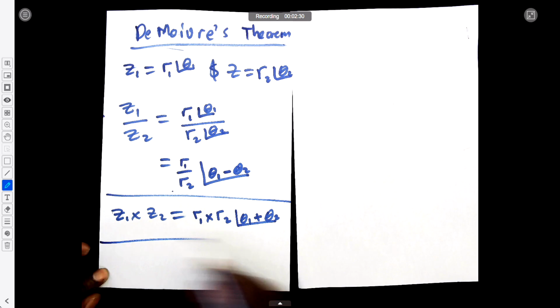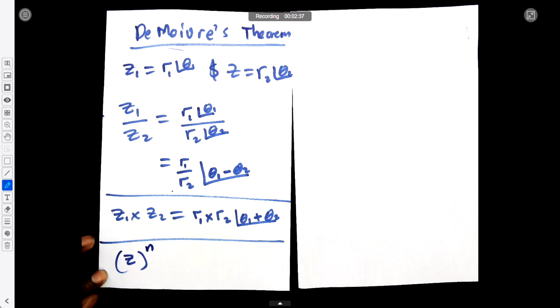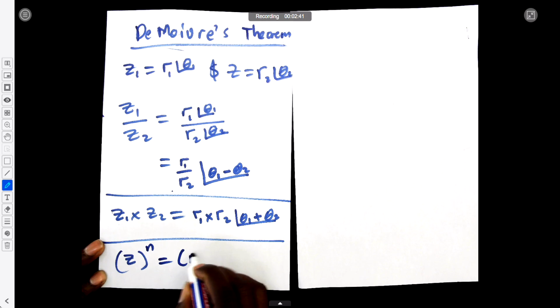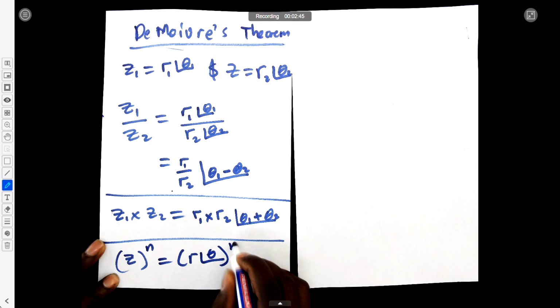The other one: let's say we have a complex number z to the power of n. De Moivre's theorem states that, for example, we have r augment theta, all to the power of n. If we have a power bracket, it's like you multiply the exponents and raise the other one.